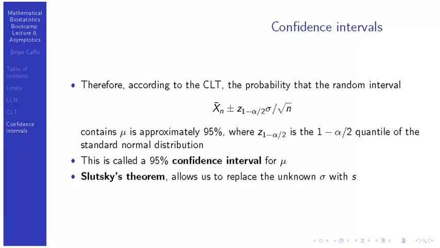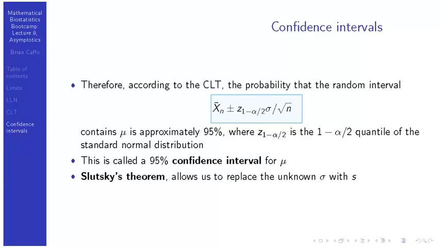Okay, so this is the idea that we can create so-called confidence intervals, random intervals that contain the quantity they're trying to estimate with 1 minus α probability. We can create such intervals by taking the estimate plus or minus a standard normal quantile times the standard error.